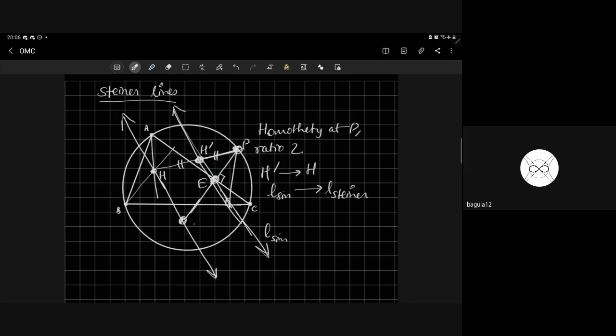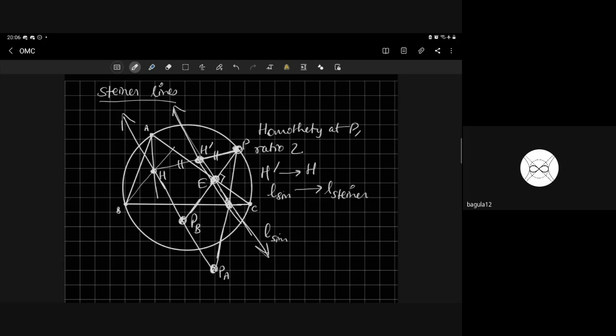So this point is, let's say, P sub B. This is the reflection of P about AC. Similarly, the reflection of P about AB and BC. The reflection of P across the sides lies on the Steiner line through H.